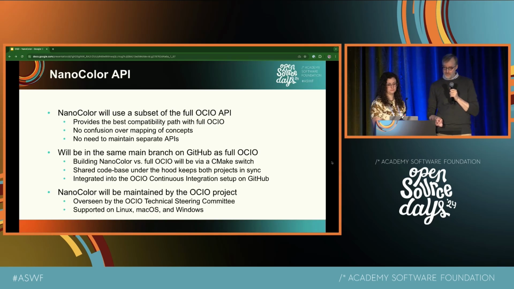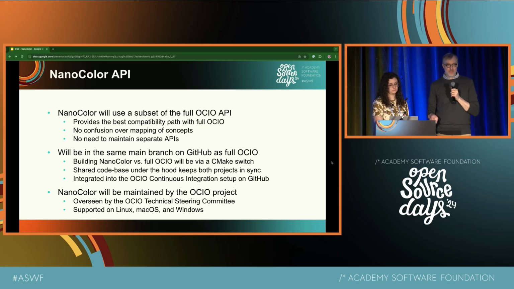So if we talk about the NanoColor API, NanoColor will be a subset of the full OCIO API. This provides the best compatibility path with full OCIO. There won't be any confusion over mapping of concepts, and there will be no need to maintain two separate APIs.